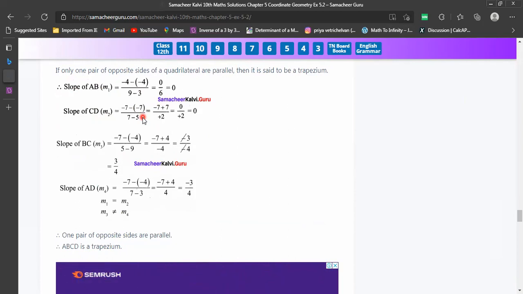For M4 you are getting negative 3 by 4, which means they aren't equal. So we can say only one pair of opposite sides are parallel, so ABCD is a trapezium. Is it clear?